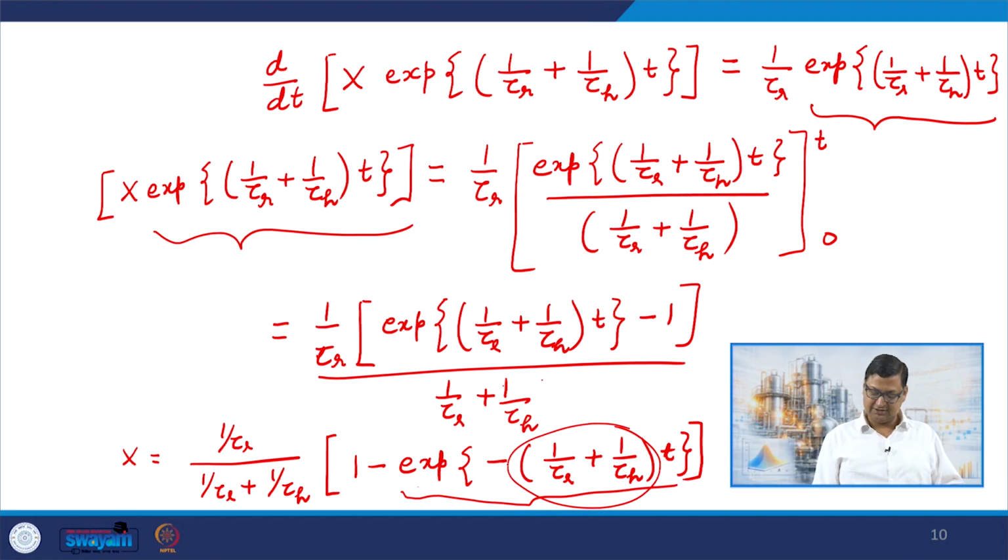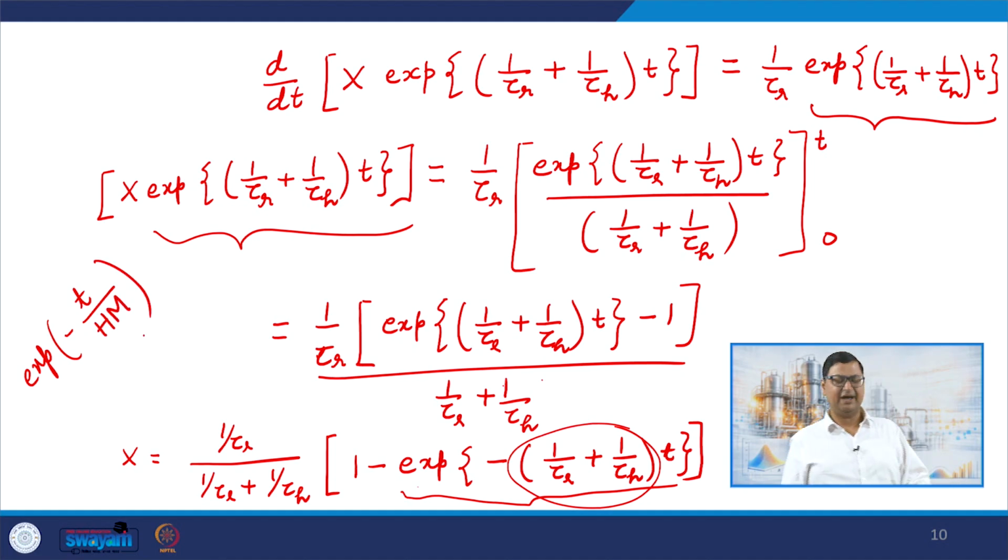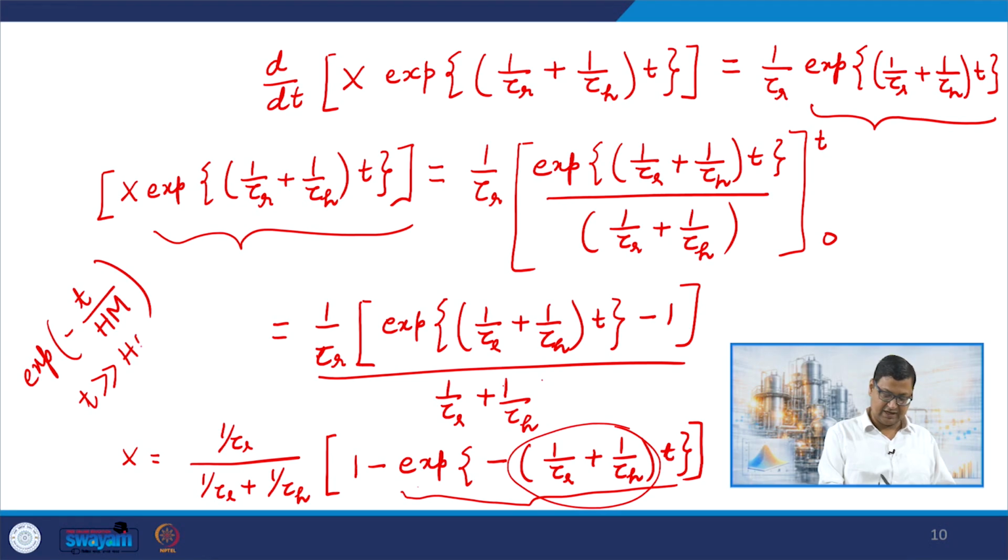So, we can rewrite the second term as exponential of minus t by the harmonic mean of tau_r and tau_h, and whenever this t is much bigger than this harmonic mean, we are going to have a steady state, right.